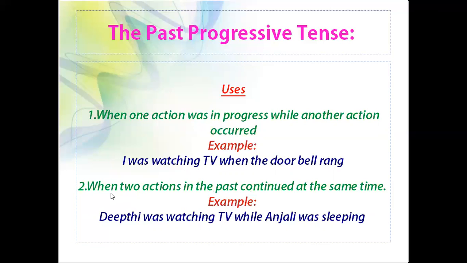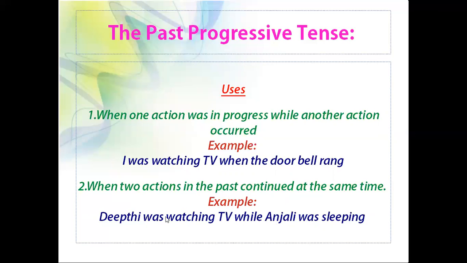Next one: when two actions in the past continued at the same time. So the two actions occurred at the same time. For example, Deepthi was watching TV while Anjali was sleeping.